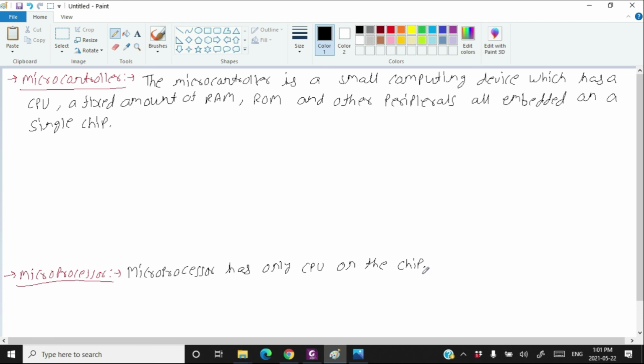Now you can ask, what is the benefit of microcontrollers? Why are we embedding everything together on a single chip? The idea is that if you want to include the benefits of computing in embedded devices, like your air conditioner, your washing machine, or other things at home, or your digital camera, then you may not require a huge amount of RAM or ROM.